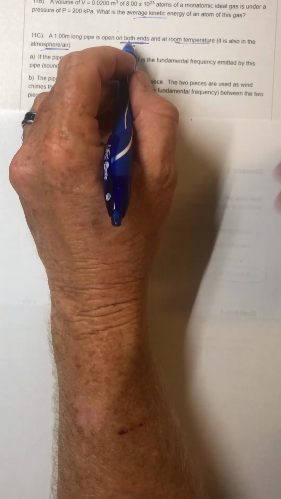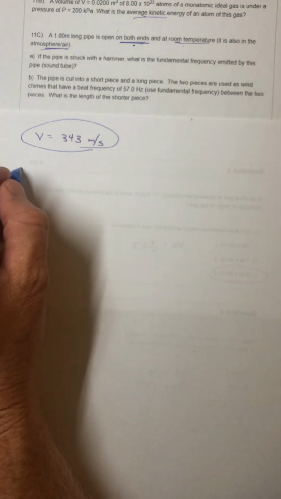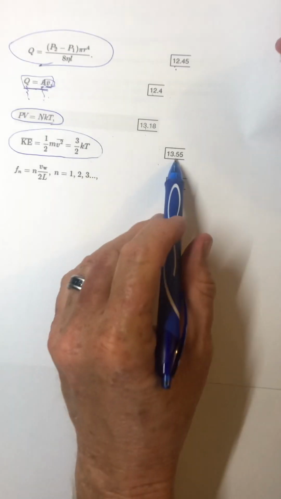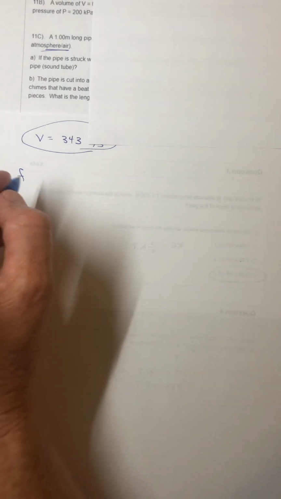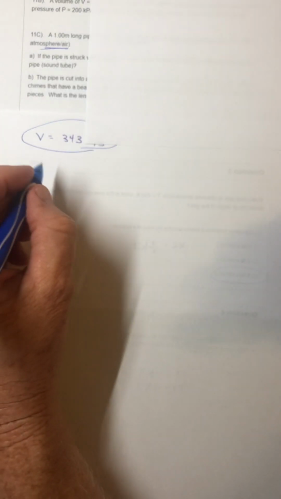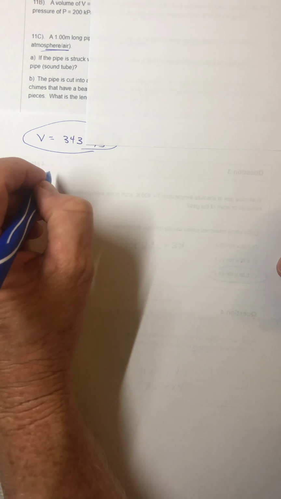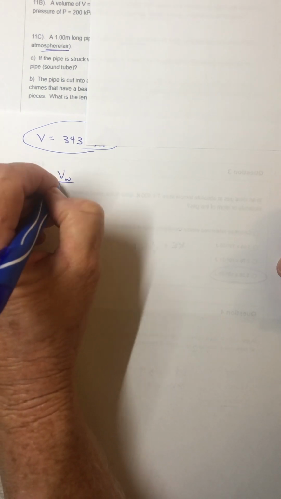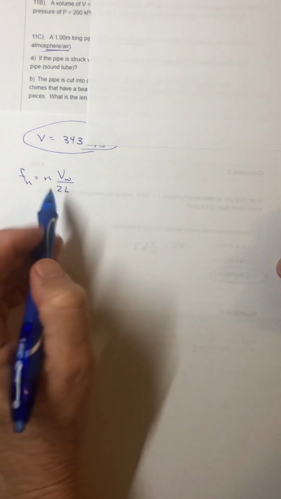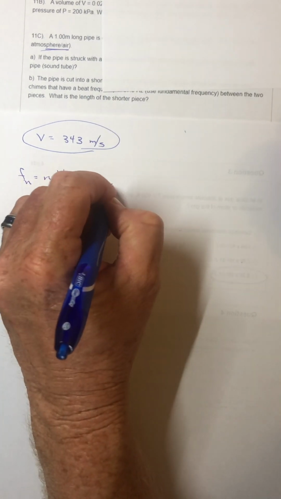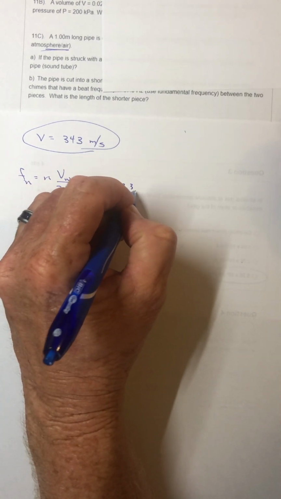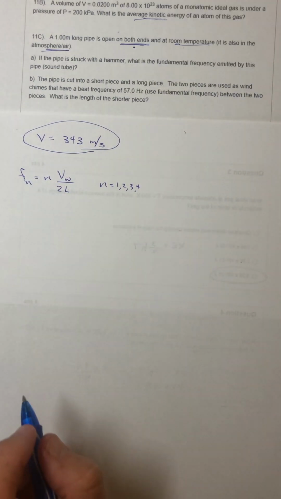And the opened on both ends means that I'm going to go into chapter 17, and it's equation 17.37 that says that these open pipes can make a frequency that depends on their length and the velocity of the wave. And then there's this n factor, which can be any integer. So there's a lot of different frequencies.